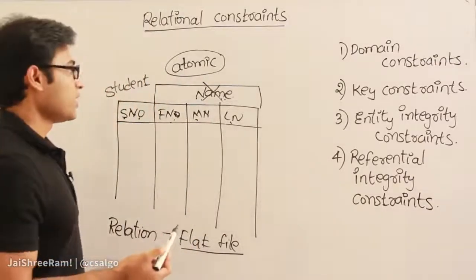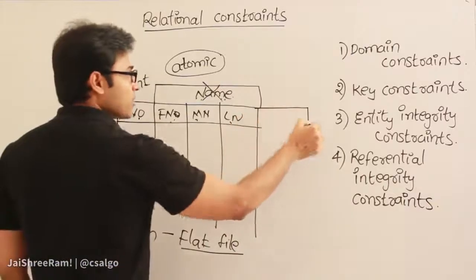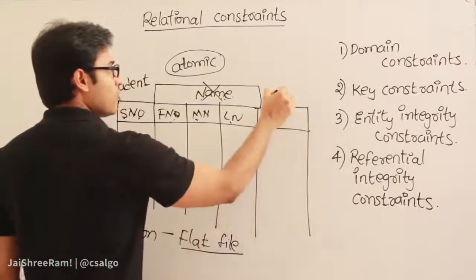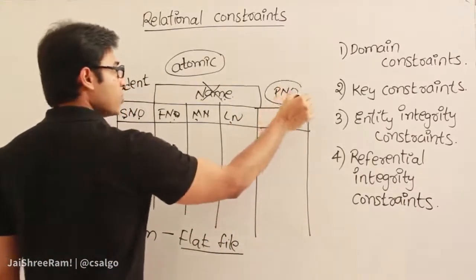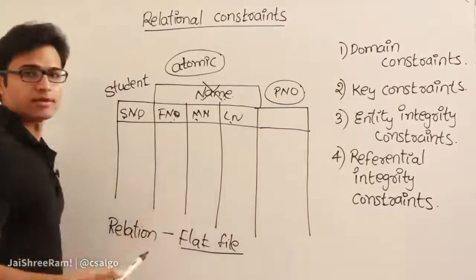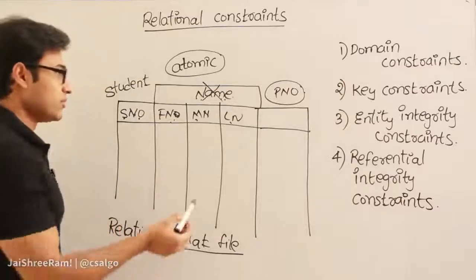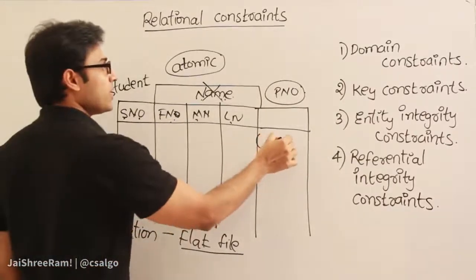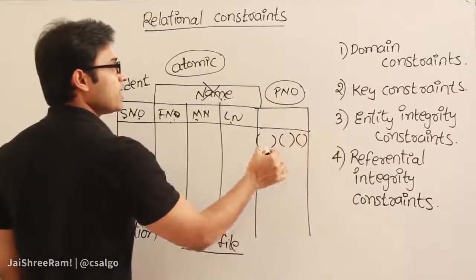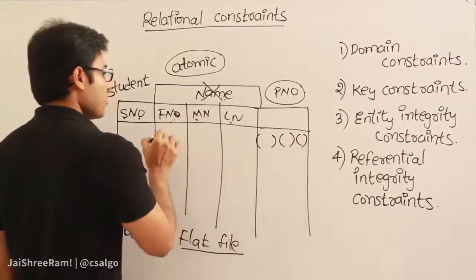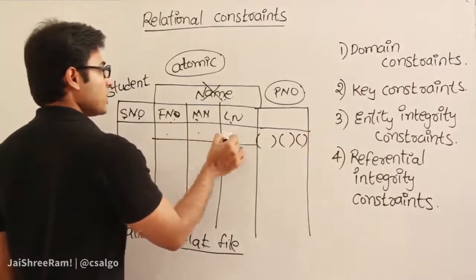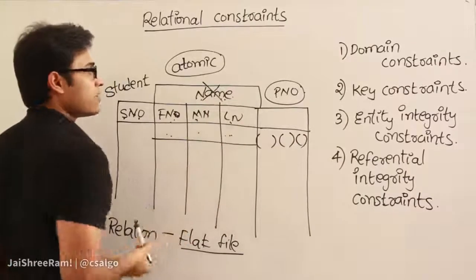Sometimes you might have some domains which are multi-valued, like phone number. A person might have many phone numbers, right? In this case, this multi-valued attribute should also not be allowed. We are not going to have more than one value for any attribute, or a collection of many values for an attribute.